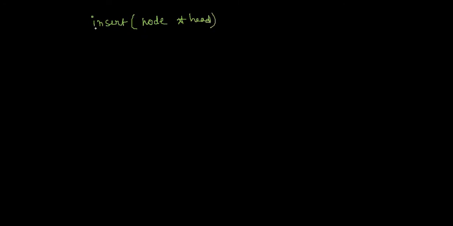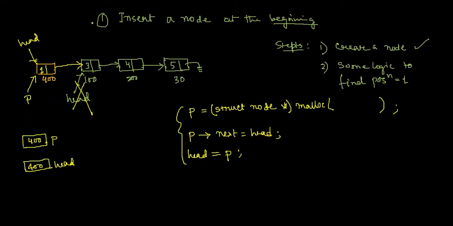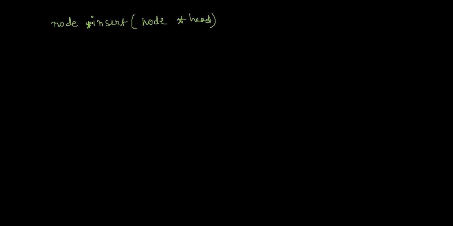And this insert must return a node pointer. The reason is that when you are inserting something in a linked list, there is no guarantee that the head will not change. The head will change if it is the first position, right? But as a programmer, you don't know whether this insert function will change the head or not.